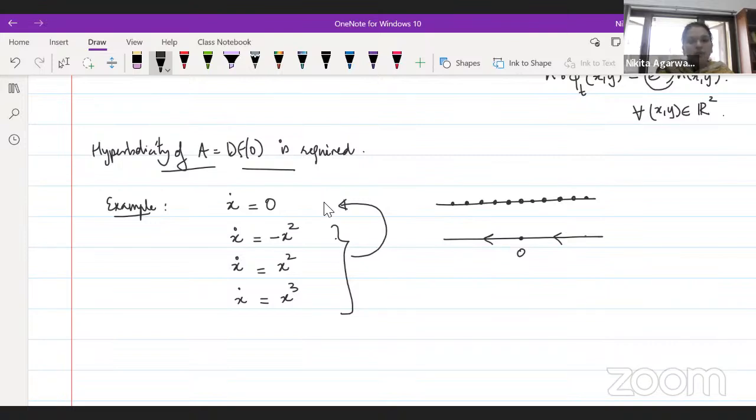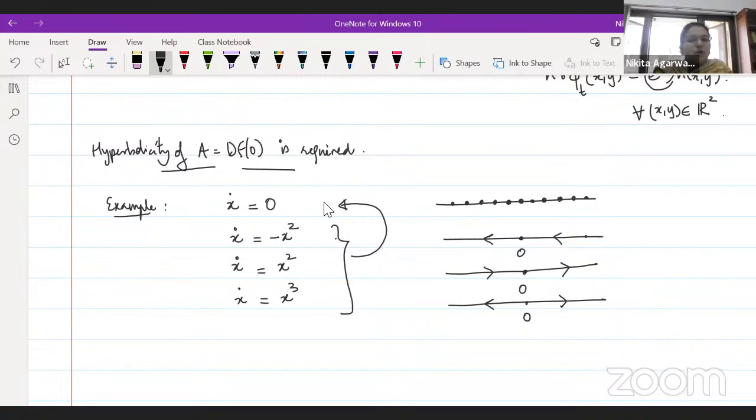And if you start with an initial condition on the right hand side of 0, as t goes to infinity, you go to 0. You can't cross 0 again because 0 is an equilibrium. Now, what happens in the third system? Again, it happens this way. What about the last system? When x is positive, it is positive. When x is negative, it is negative, right?